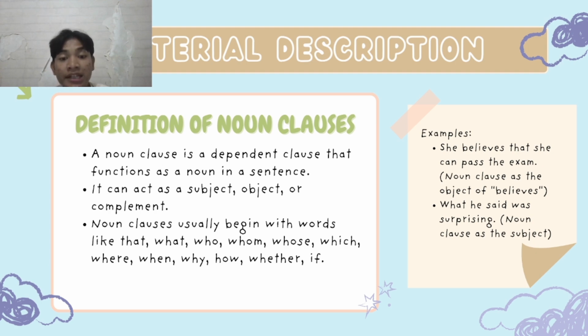This describes what he said. So the noun clause "what he said" is acting as the subject. It's the thing that was surprising. Noun clauses often begin with that, what, who, whom, which, where, when, why, whether, or if.